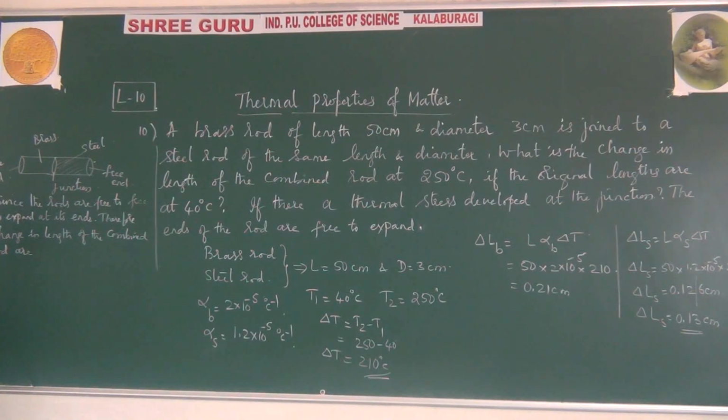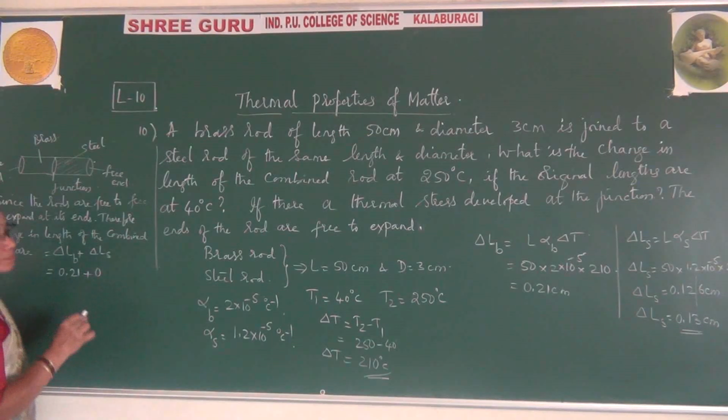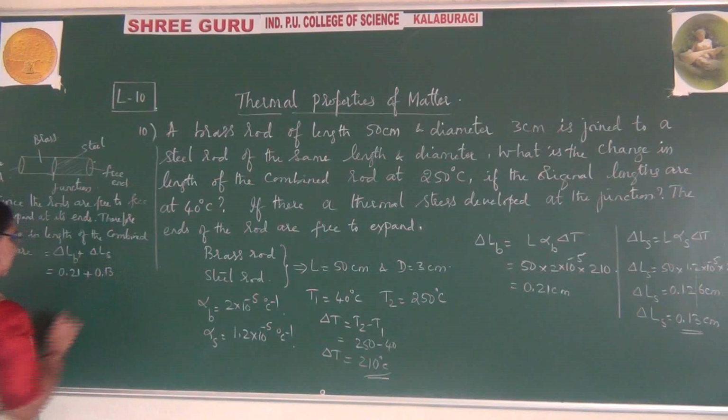So what is the change in length of the combined rod? You have to add both the lengths. So let me write, that is equal to delta LB plus delta LS. Delta LB is 0.21, plus 0.13.